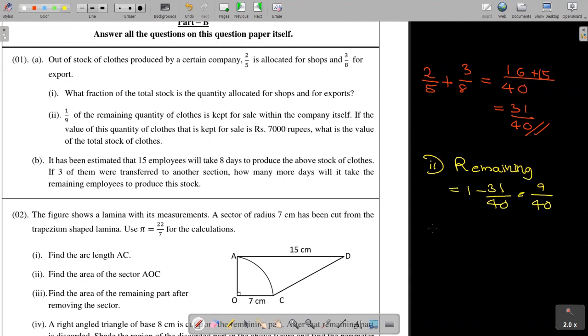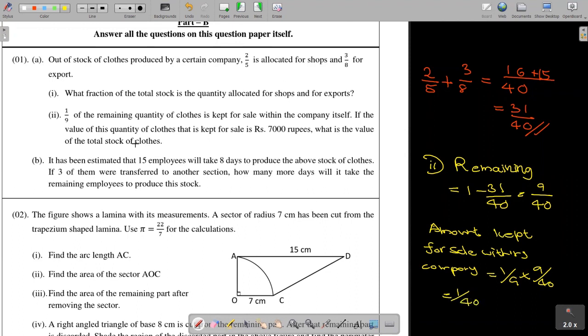What is then the amount kept for sale within the company? 1/9 of this remaining, 1/9 of this. So 1/40. So 1/40 is what? 7,000. So we want the value of total stock.